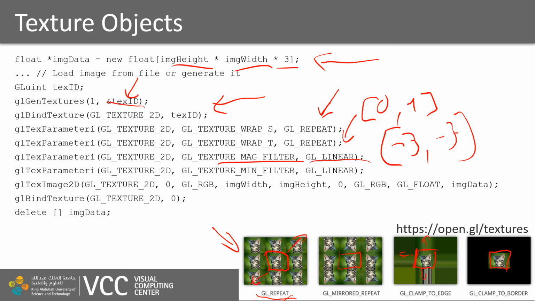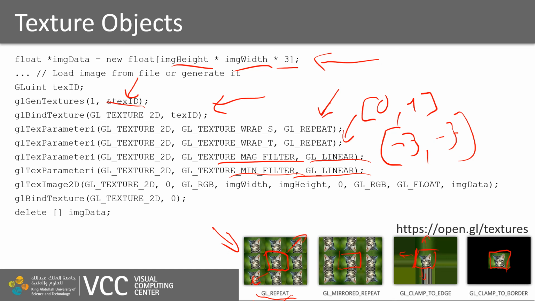So we want to have a bilinear interpolation, and the same for minification if there will be the opposite situation to the magnification situation, where there will be a lot of texture sort of stored at one fragment. What should we do? And there will be also the bilinear interpolation set for this case. These are the parameters for defining the behavior of the texture.